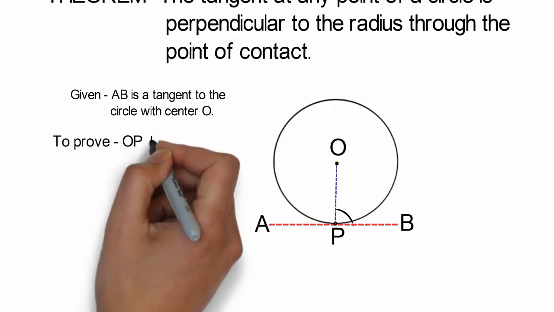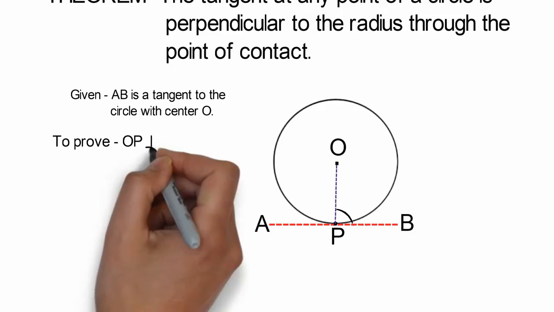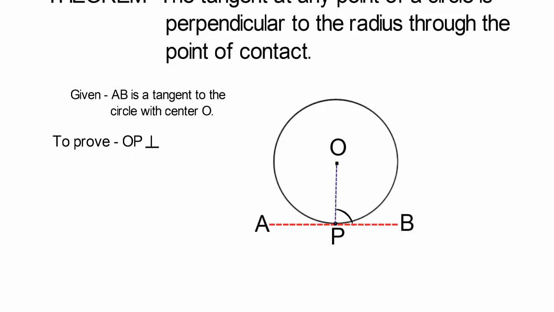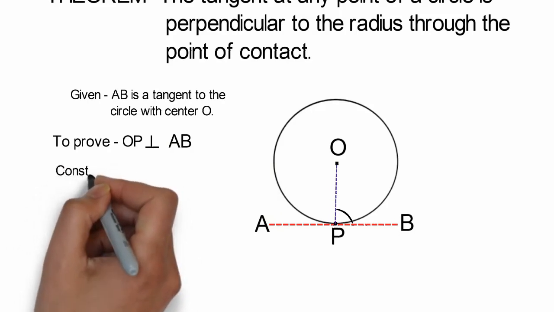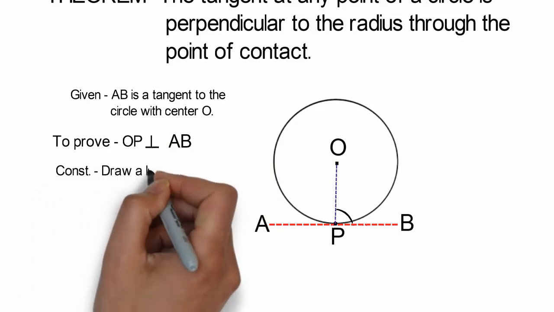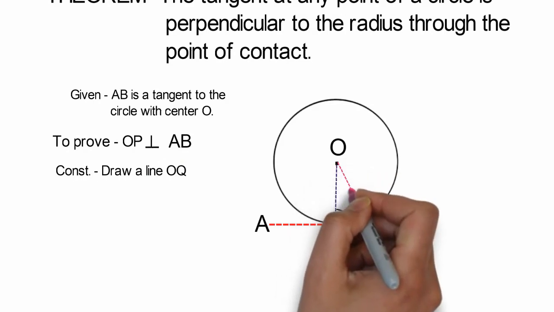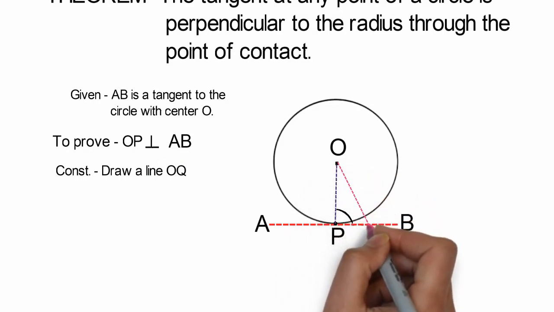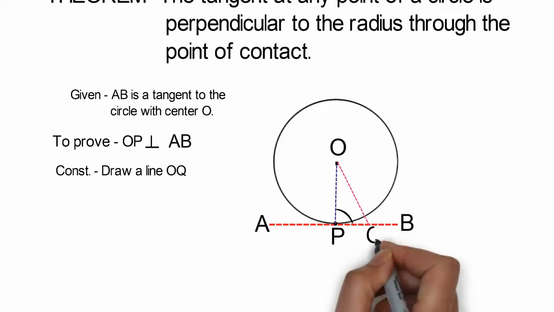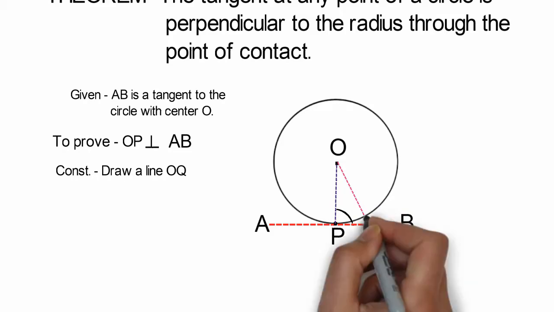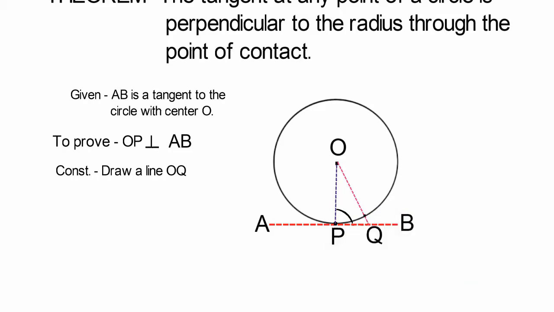OP is perpendicular to AB. Now for this we have to do a construction. We have to draw a line OQ. So let us draw a line OQ which is going to intersect the line AB. Let this point be L.